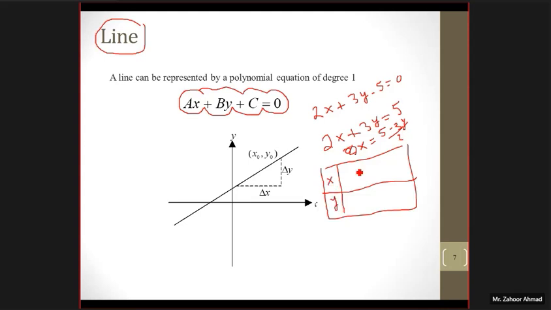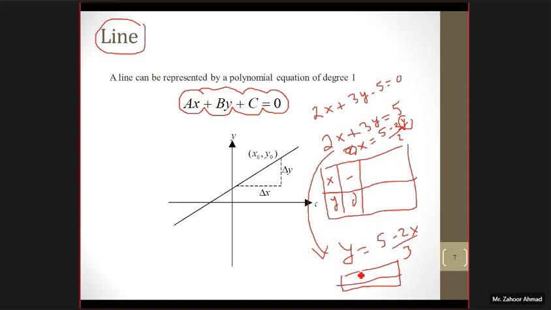You will give any value to y, for example 0, and you will get x. Or if I solve it for y, then y will be equal to (5 minus 2x) divided by 3. So again, in the table, find the values of x and y, put, for example, x as 0, you will find y, and then you can draw the line.